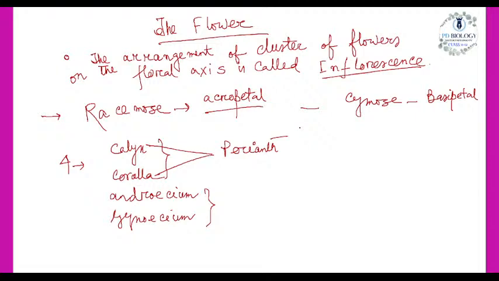So based on symmetry, you can remember, on the basis of symmetry, we can differentiate the flower as actinomorphic, that is radial symmetry, as in mustard, datura, and chili.